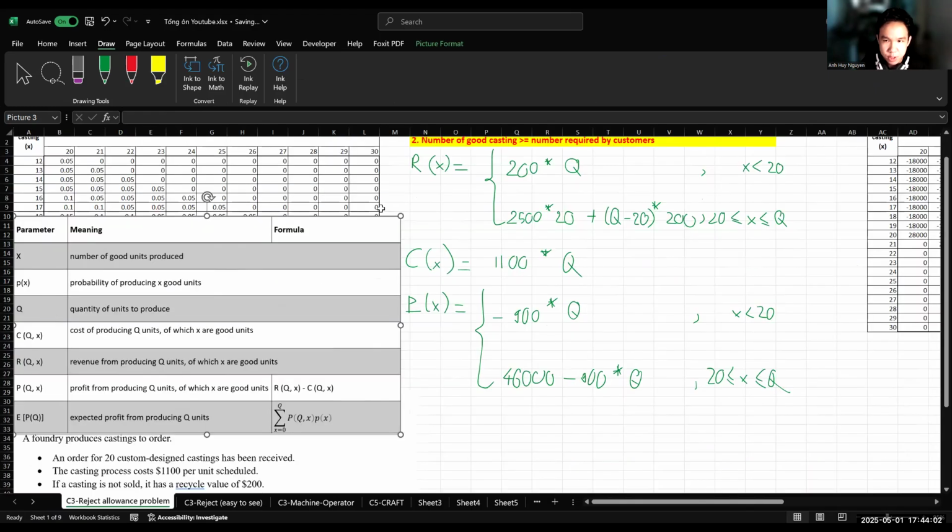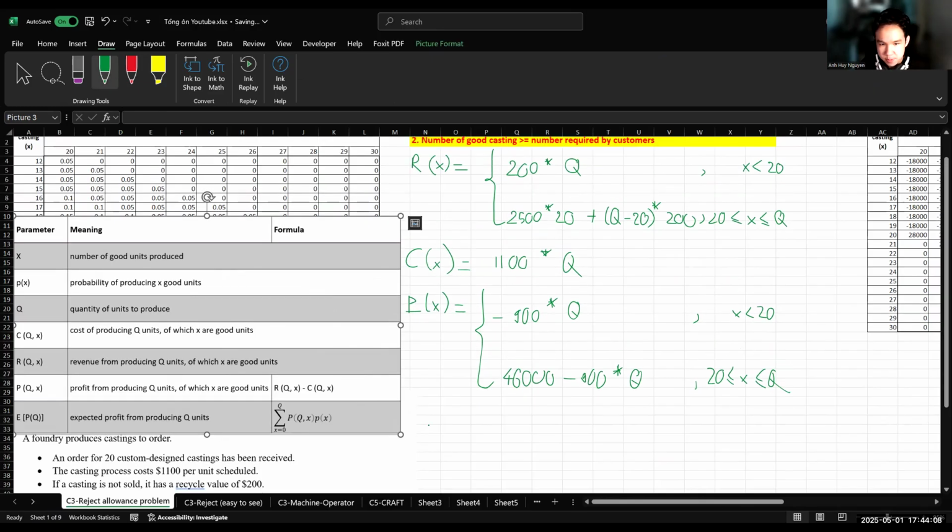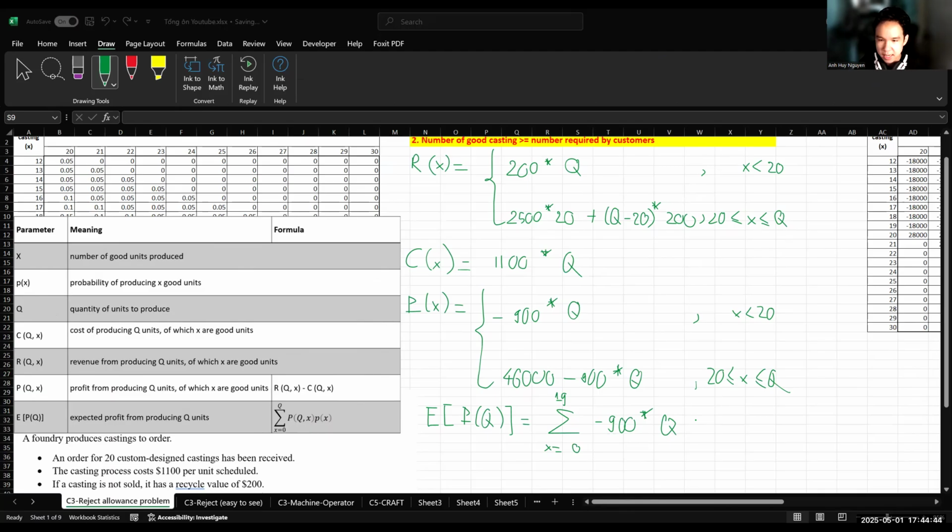So let me show you. The expected profit. We have two scenarios, right? Firstly, x less than 20. So we have x from 0 to 19 of minus 900Q, then you multiply by p(x).